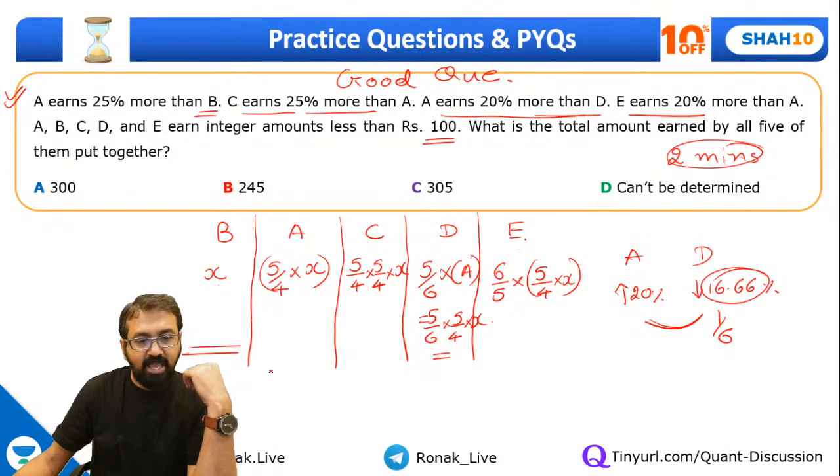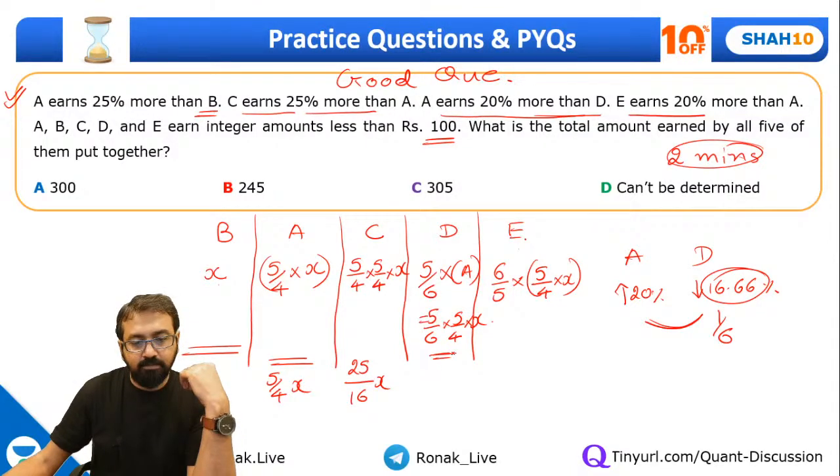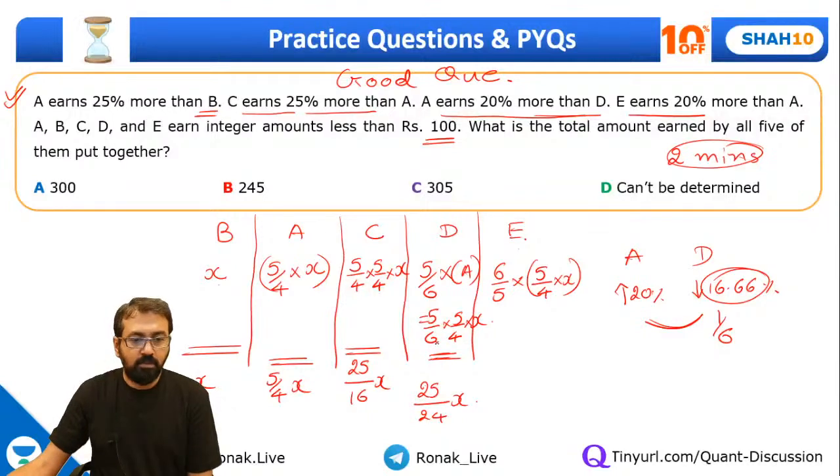Of course, B is X, A is 5 by 4 X, C is 25 by 16 X, D is, if you solve this, 25 by 24 into X, 5 by 6 into 5 by 4. A earns 20% more than D, so D earns 16.66% less than A, correct? And E, if you solve this, will come out to be 3 by 2 times X.